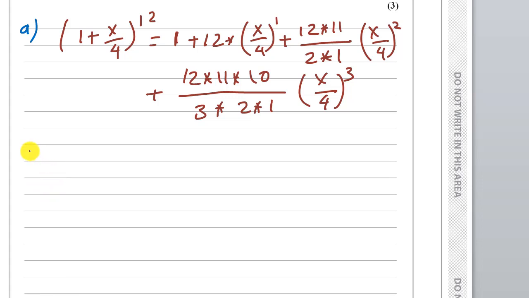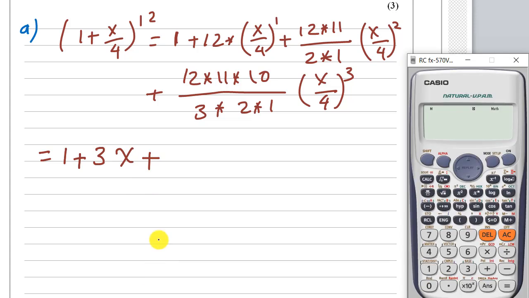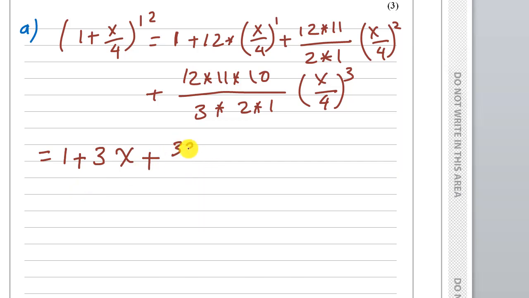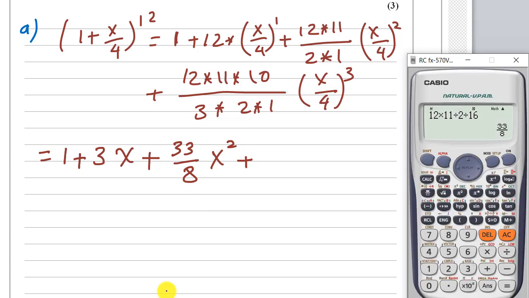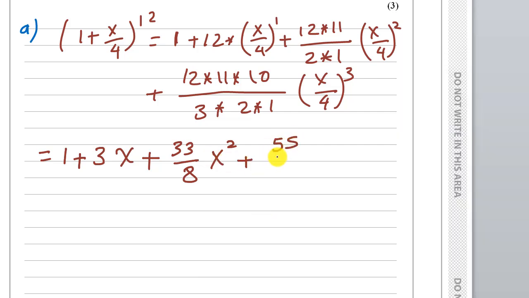Now let us find the value of each part. It is equal to 1 plus 12 divided by 4, which is 3x, plus 12 multiplied by 11 divided by 2 divided by 4 squared, 16, so 33 divided by 8 x squared, plus 12 by 11 by 10 divided by 6 divided by 4 cubed, 55 divided by 16 x cubed.